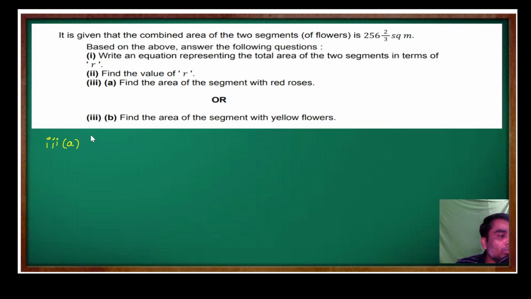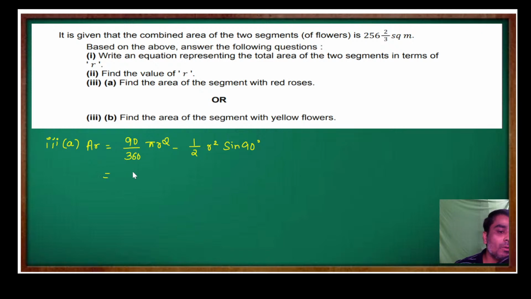You already know the formula. Area of red segment. What is the area of the red segment? First write the formula. Theta by 360, and theta is 90 for the red segment. 90 by 360 into pi r square minus half r square sine theta, sine 90.